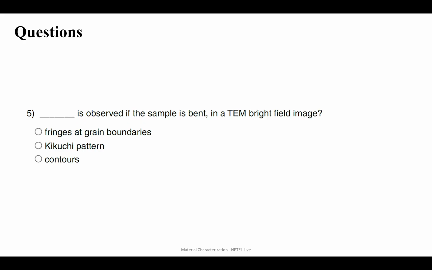What is observed if the sample is bent in a TEM bright field image? Fringes and grain boundaries, Kikuchi pattern, or contours?